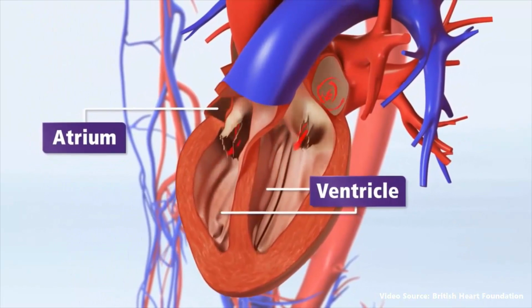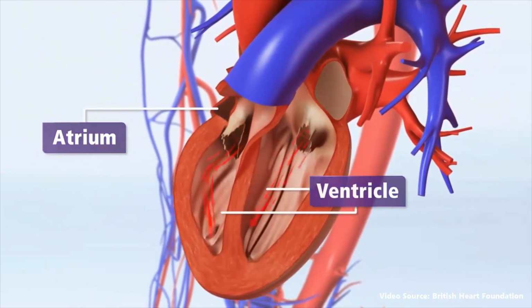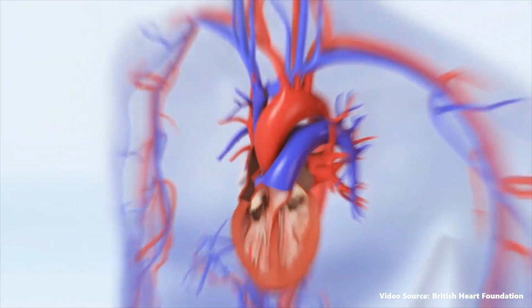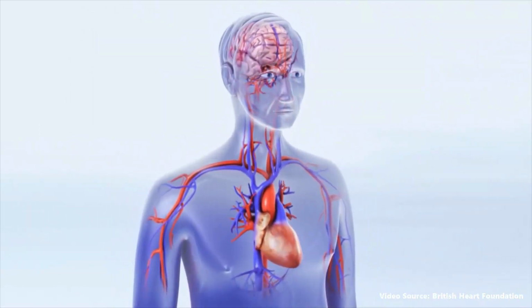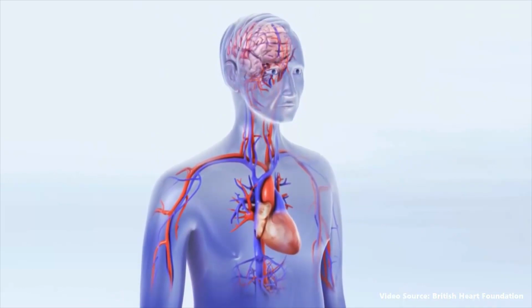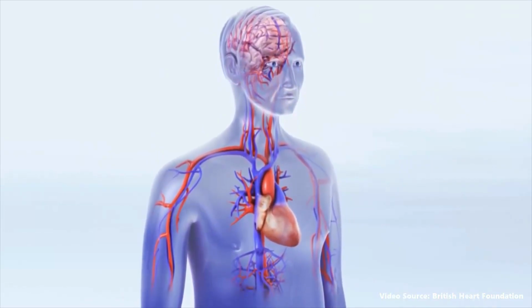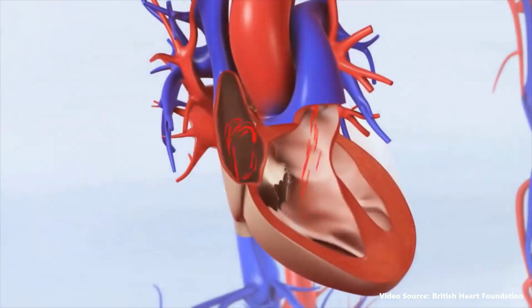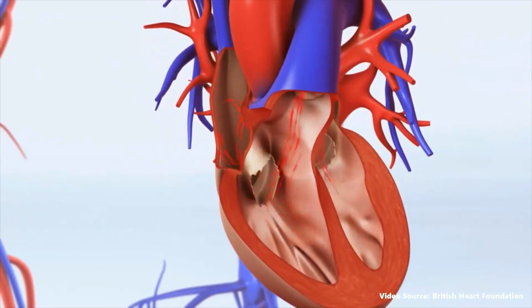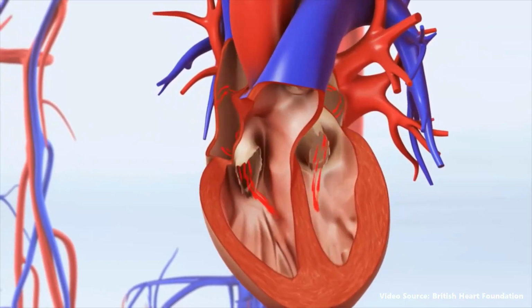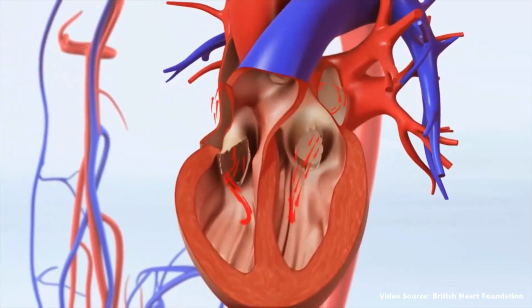These in turn are triggered to contract, pushing blood out of the heart, into the arteries, and out to the body and the lungs. In AF, a malfunction of the pacemaker interrupts this coordinated sequence of contractions, causing the atria to twitch erratically, known as fibrillation, and the ventricles to contract more often and irregularly.